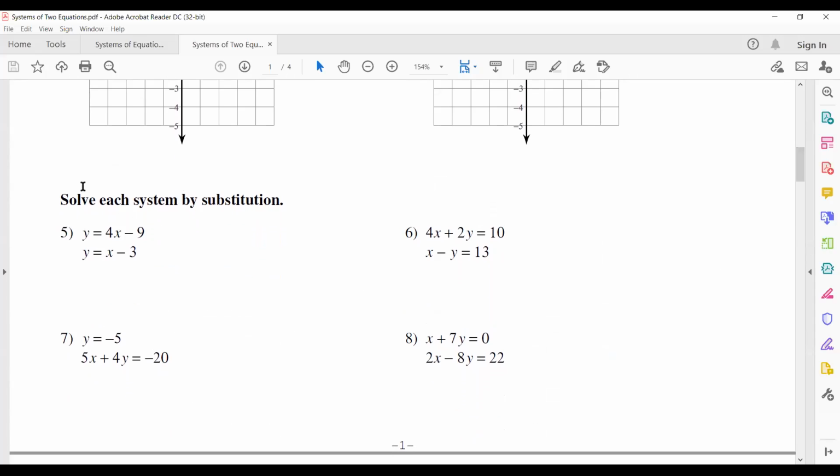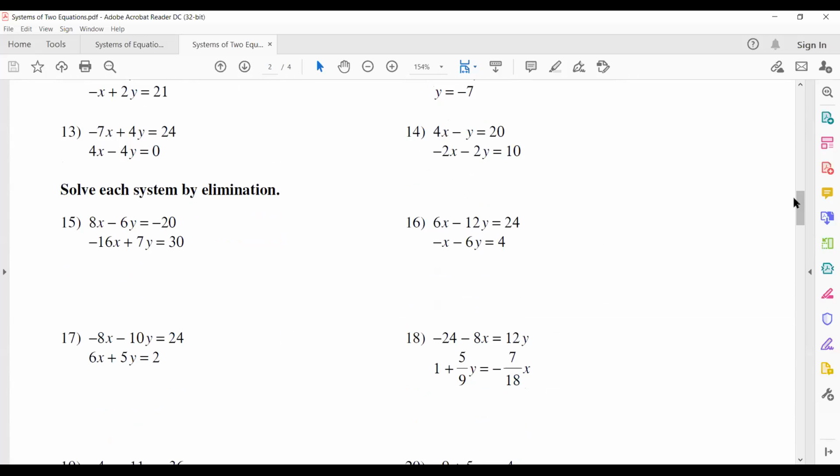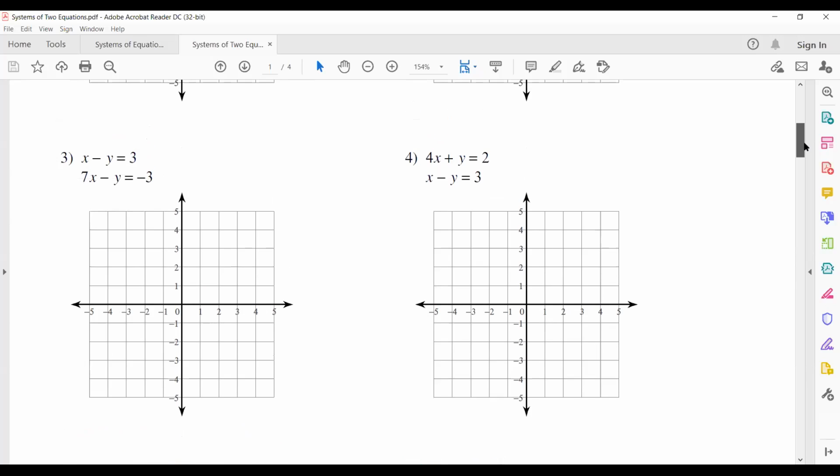Then here's what we're going to get into on Thursday: solving by substitution or solving by elimination. I don't want to start that today because it's way too involved to get into with less than 10 minutes left for the period. But that's what we'll be doing next. Although there are some different graph examples on here that you could play with.